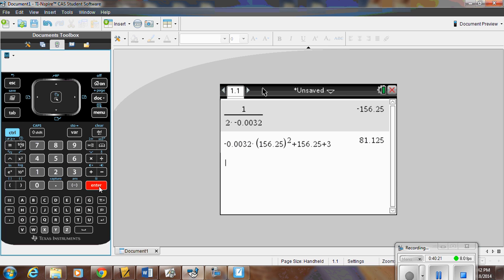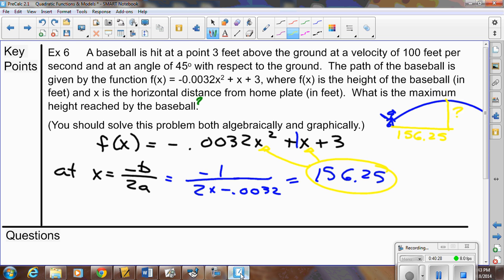There we go. 81.125. The highest point that the ball will actually reach is 81.125 feet. So 81 1/8 feet off the ground. Yay, we're happy.